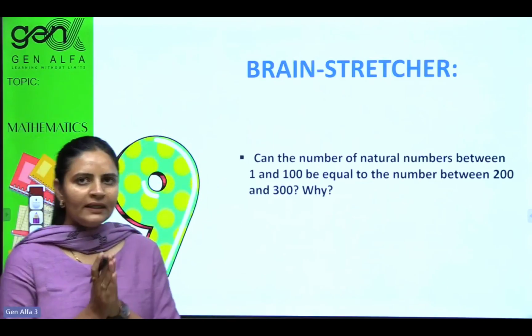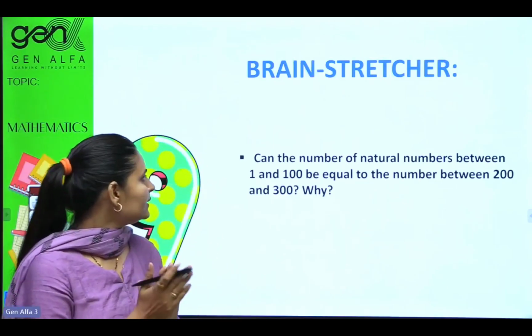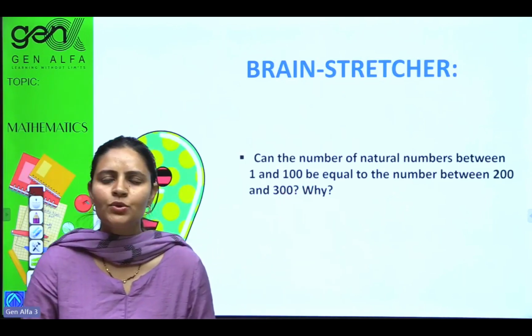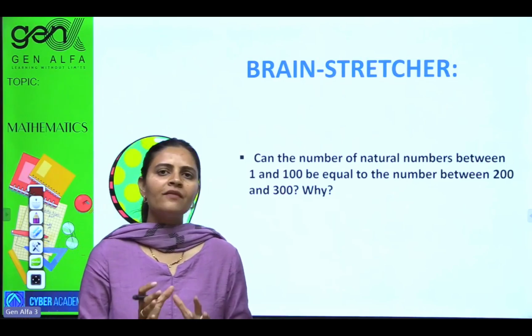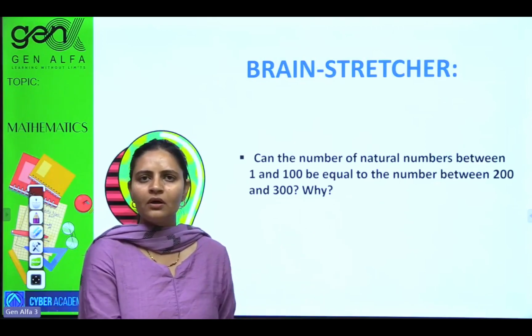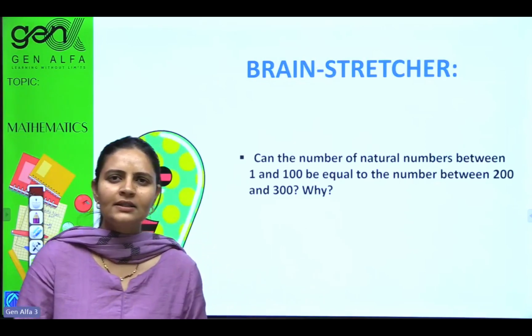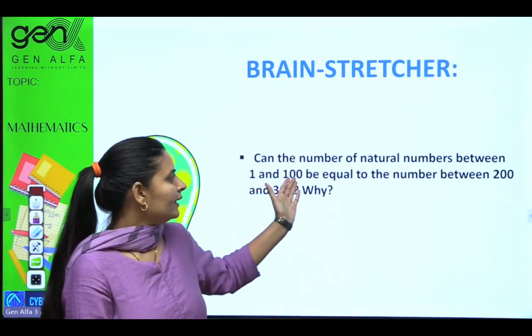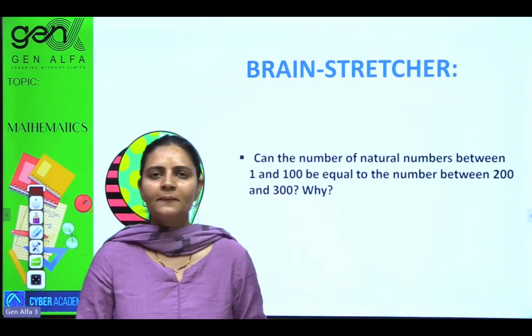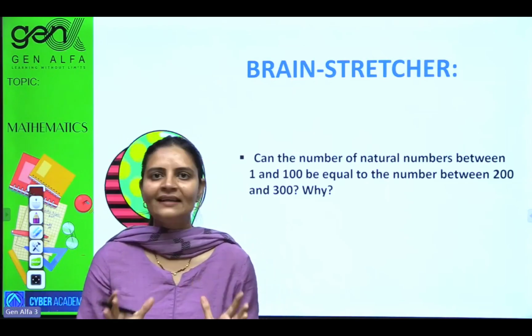Now, can you count the numbers between 1 and 100 and the numbers between 200 and 300? And you have to justify your answer whether they have equal count or not. Can you write between 1 and 100? If 1 is included, how many numbers are there? 100 numbers are there.